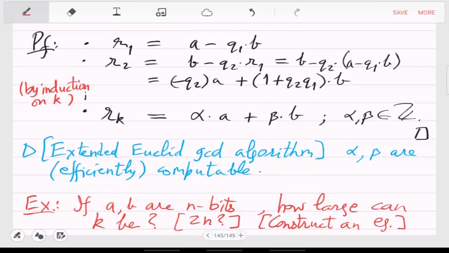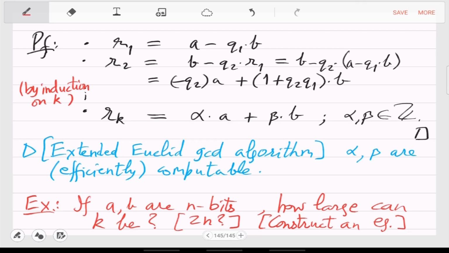So this can be done in a few milliseconds. So in a few milliseconds, you can compute the GCD of extremely large numbers that have value like 2 raised to 1000. This is much better than what the definition of GCD said. So it's a completely different way to work with GCD than the definition.